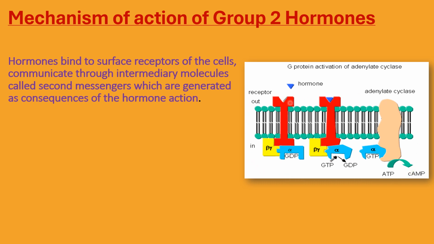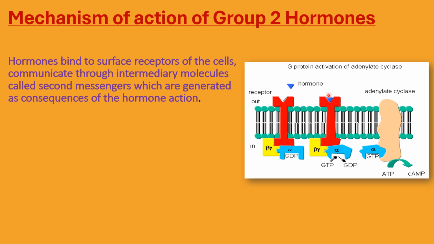This is the cell surface receptor on which these group 2 hormones act. The hormone binds to this receptor, which spans through the membrane and is coupled to a heterotrimeric protein known as the G protein.